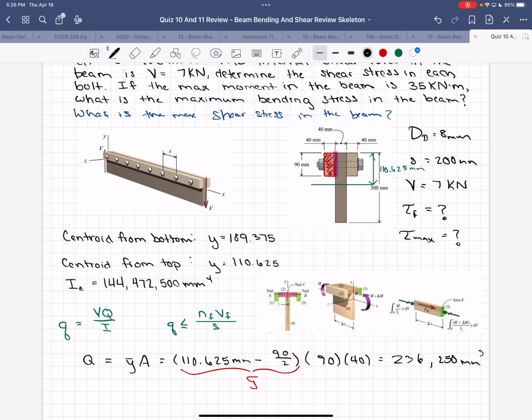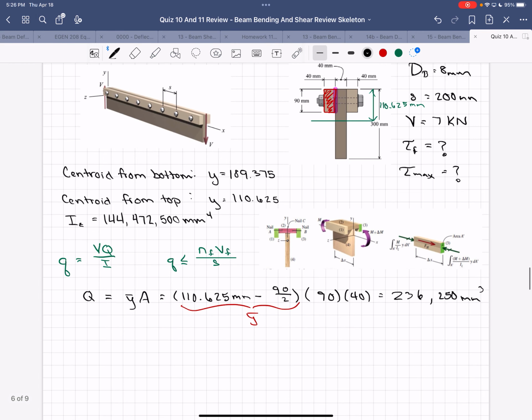Okay, so then we have little q we can solve for because we know V and I. So little q equals 7 kilonewtons times 236,250 millimeters cubed all over I, 144,472,500 millimeters to the fourth.